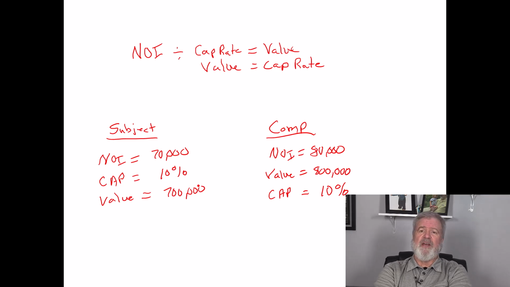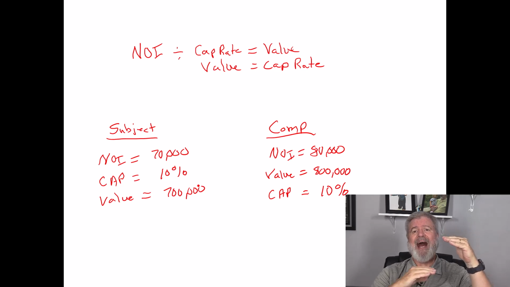The problem is, what kind of income is that? That's gross income. That's not what we want. We want the net income. Well, what is net income? Net income is your gross minus all your operating expenses.